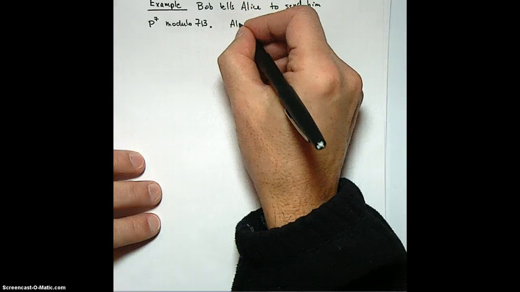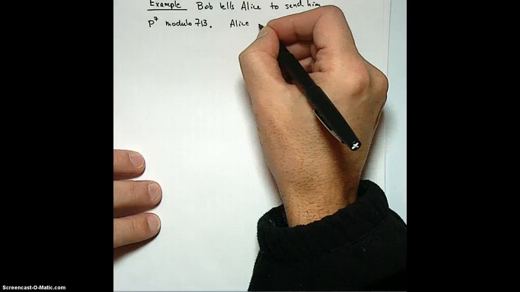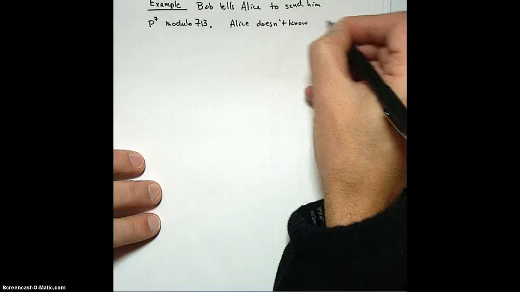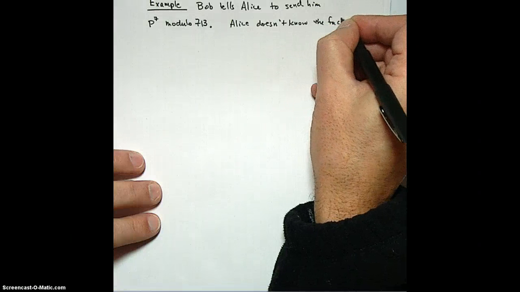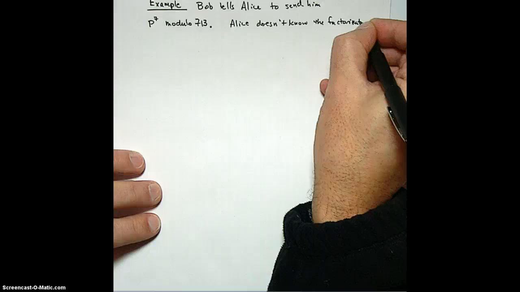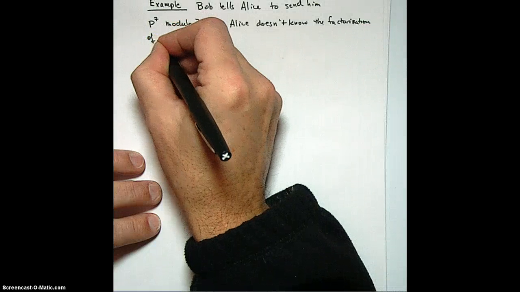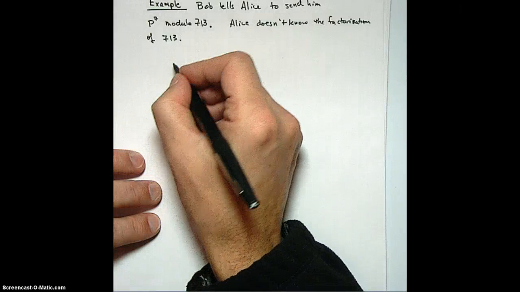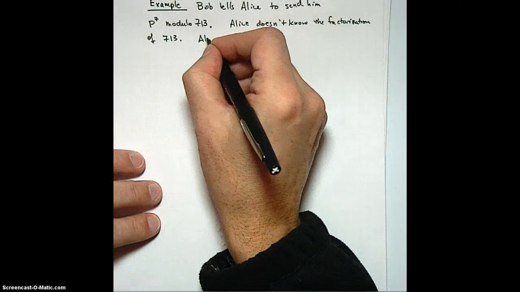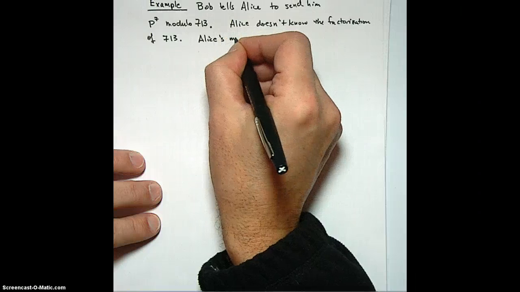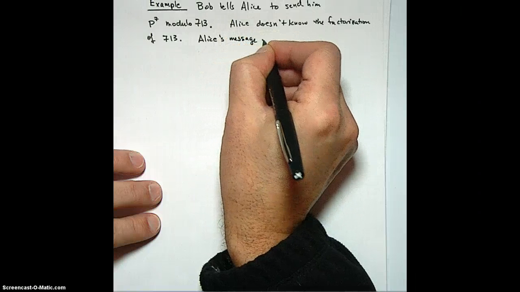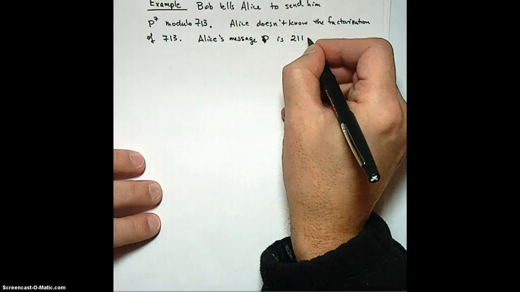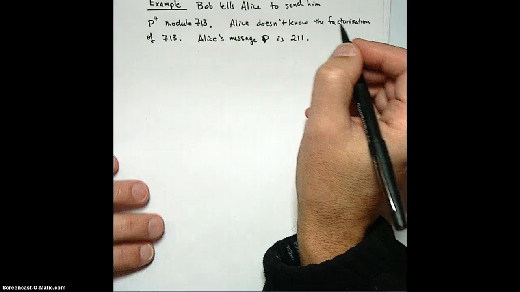Alice doesn't know the factorization of 713. Okay, so Alice's message P is 211.